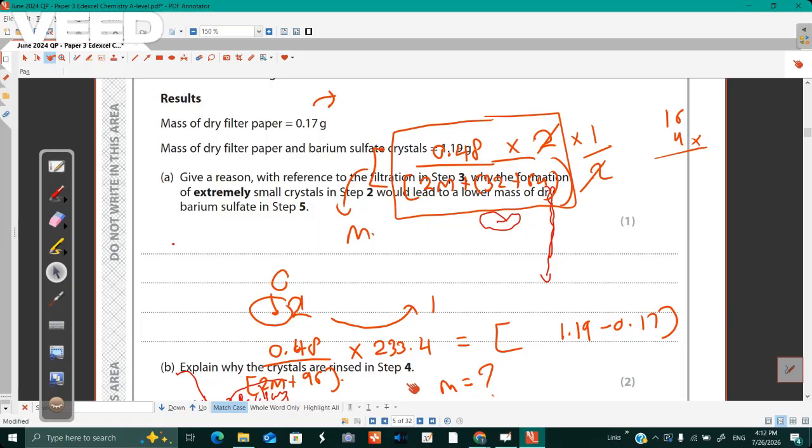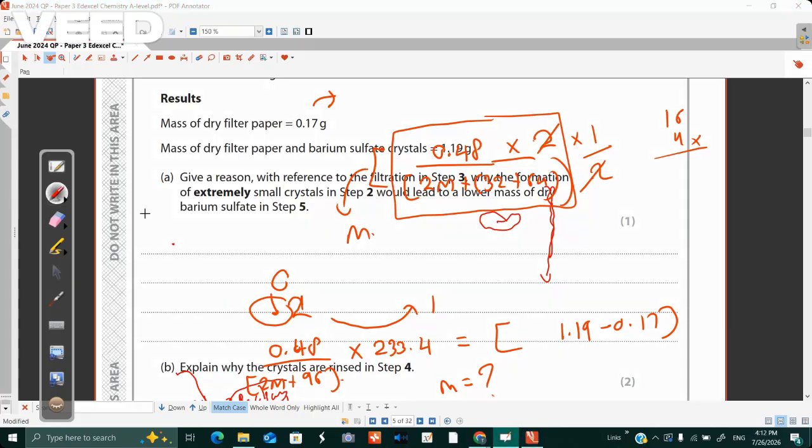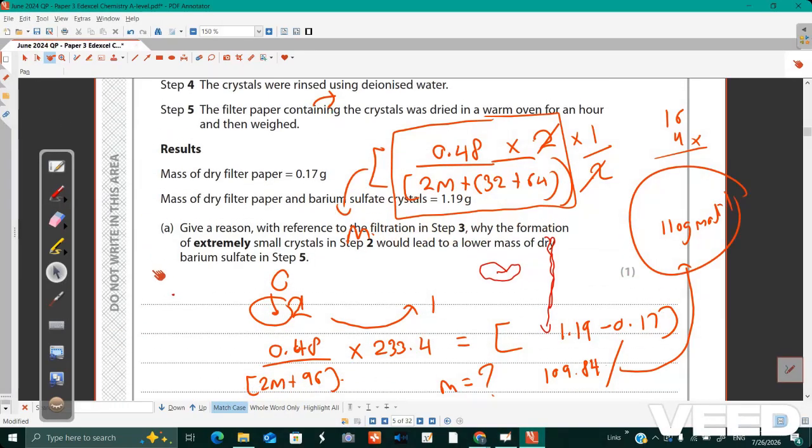Lithium. You are getting something around 109.84, right? The relative atomic mass is around 110 grams per mole, right? It's a very easy calculation, right?